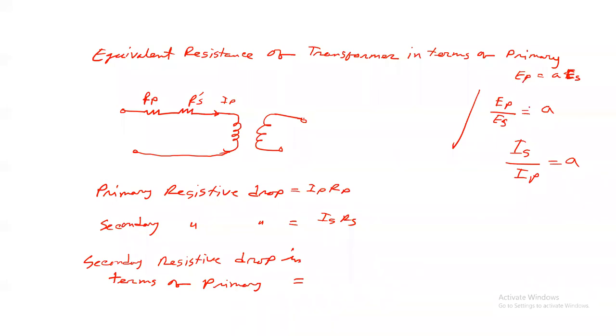This is the multiplication, so EP is equal to A ES. This is the secondary resistive drop, the voltage drop. So ES means IS RS, and into A. Clear? Yes, sir, clear.